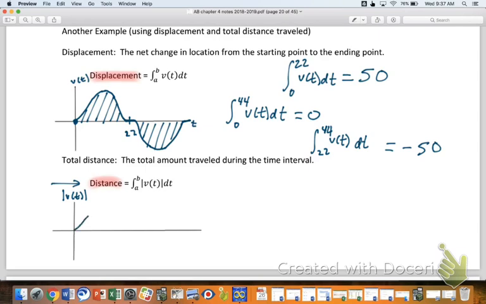The first part would start at 0, it'd go up, it'd come down. So it'd look exactly the same as the other graph, but wouldn't it take that negative part, the part where the velocity was negative, and reflect it above the t-axis? So that part would look like this.